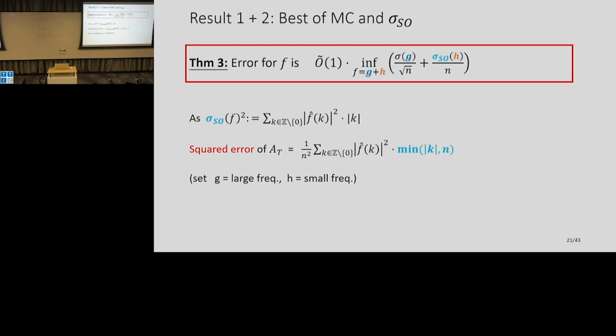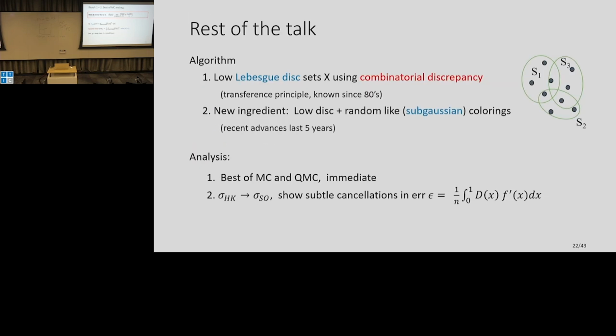You should take your low frequency components and put them in sigma SO, because this is oblivious to the frequencies. You put your low frequencies here and the high frequencies go there. But you don't need to know G and H explicitly, the algorithm does it for you, just with the black box. So that's an explicit form for error.